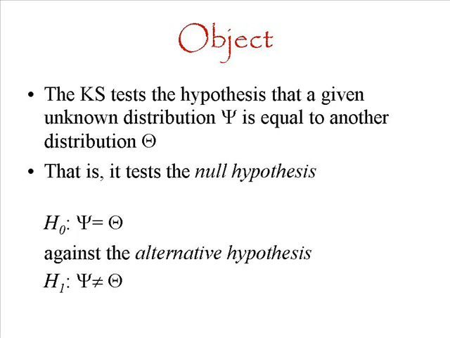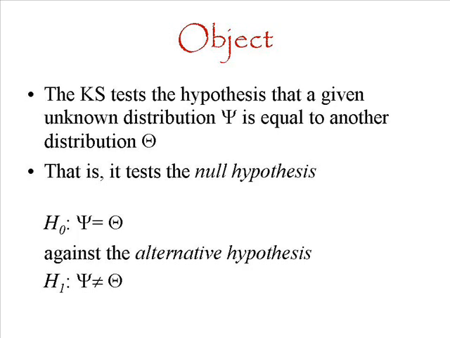Well, the object of the Kolmogorov-Smirnov test is to test the hypothesis that a given unknown distribution is equal to another distribution. Basically, the Kolmogorov-Smirnov test tests the equality of two distributions.